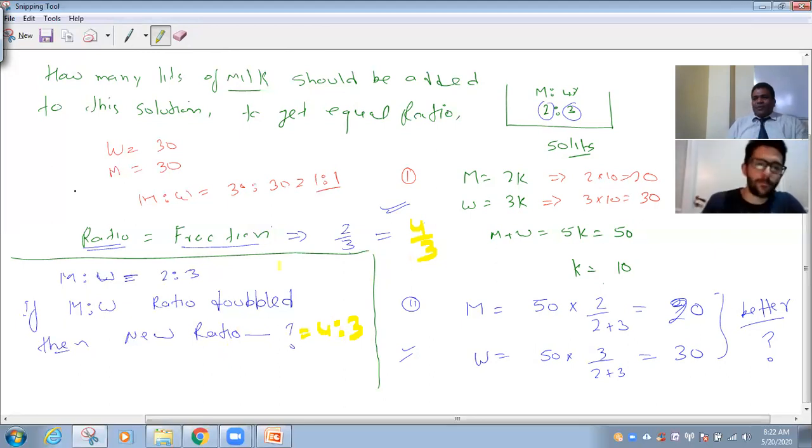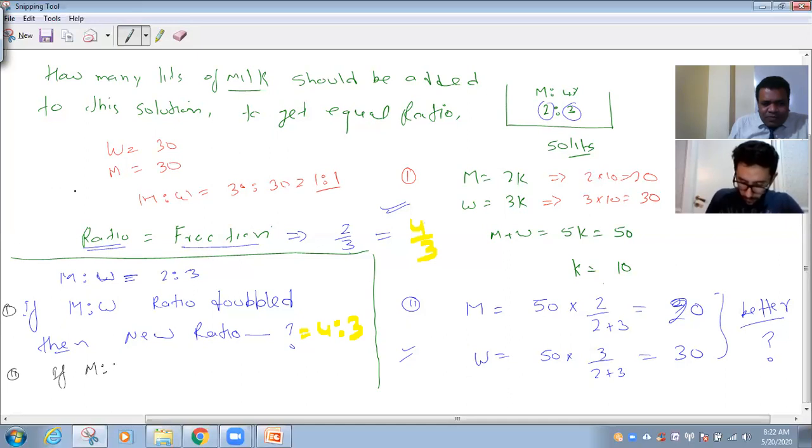As I said, if you remember that a ratio is equal to a fraction, then there is no confusion. So if the milk to water fraction is doubled, this is the way. Let me go to the second condition.